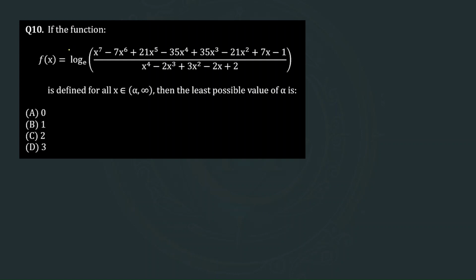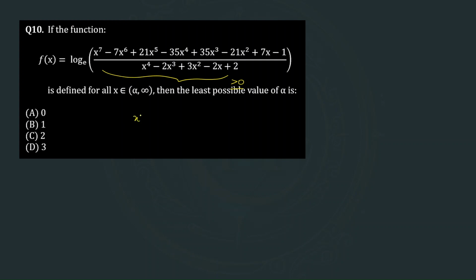The next question says that if the function f(x) equal to this is defined for all x belonging to alpha to infinity, then the least possible value of alpha is what? So basically we have to find the domain of this function f(x). As this whole thing is inside the log function, this whole thing should be positive.